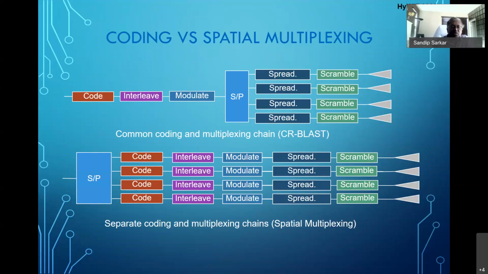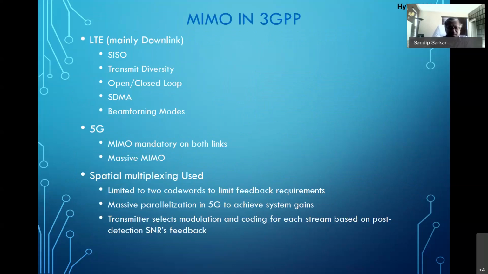You need to know how much to send on each channel. The feedback has to be sent on the reverse link for each of these channels, and the larger the number of individual streams, that is individual code words, the more feedback you need. That kills the uplink, because we are very often uplink limited. So the conscious decision in 3GPP was to do only 2 streams.